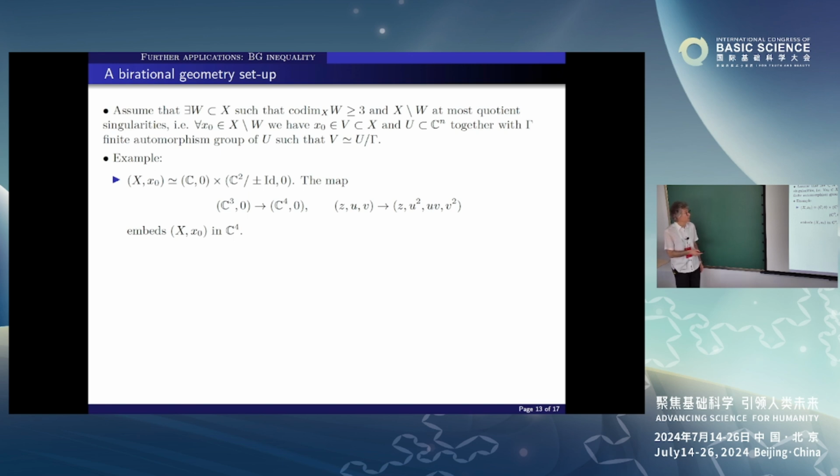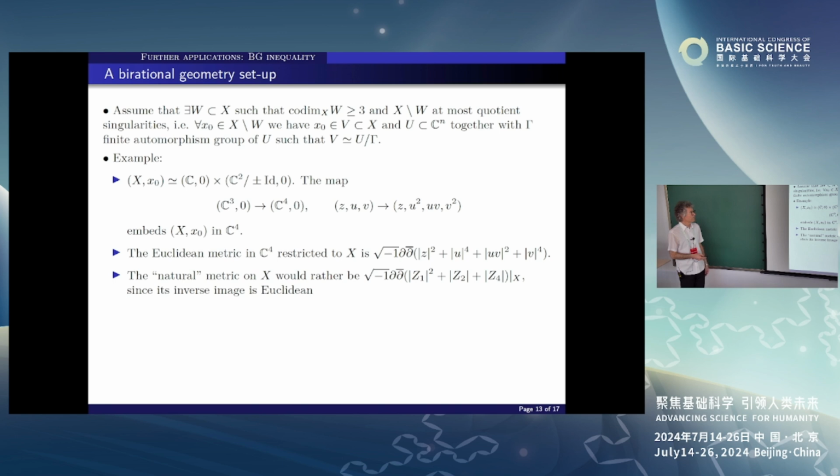So the first coordinate is fixed, and then you have u square, uv and v square, and the Euclidean metric restricted to X0, which is exactly what we took, looks like that with respect to these coordinates, right? So it's not positive, right? That's what we realize. But the natural metric would be simply this, right?